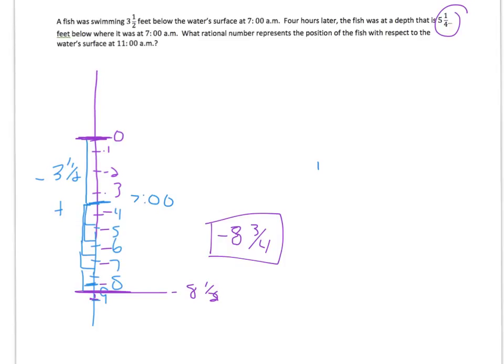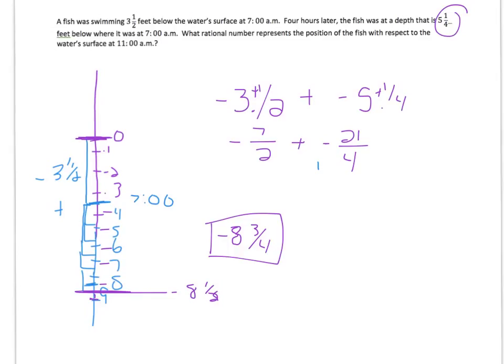Now, another way to do that is we started -3.5, and we added to that another 5 1/4. So again, we have to change into improper. So 2 times 3 plus 1 is -7/2, plus 5 times 4 is 20, plus 1 is -21/4.